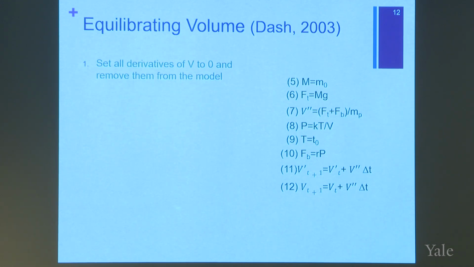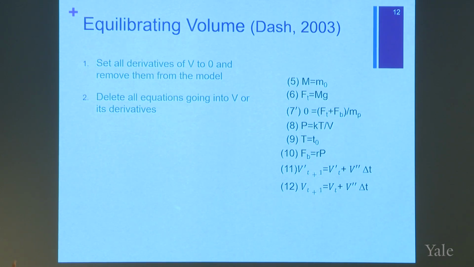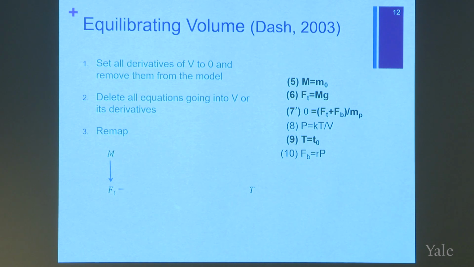So first you set all derivatives of volume to 0, remove them from the model. You also delete all equations going into volume and remove their derivatives. This includes the integration equations. And then you remap using the causal ordering. And perhaps unsurprisingly, when you do that, you end up with one of our initial causal models, namely the one in which pressure and temperature cause volume.